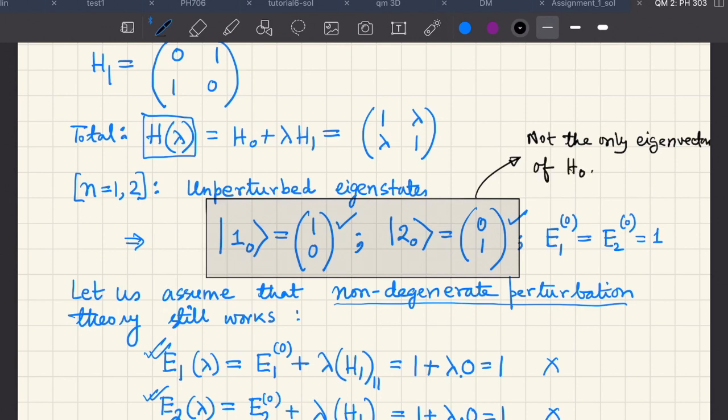Since the original matrix is degenerate, this (1, 0) and (0, 1) are just two possible choices of eigenvectors, and certainly they are not the unique choice. In fact, any linear combination of (1, 0) and (0, 1) can also be an eigenvector of H naught.